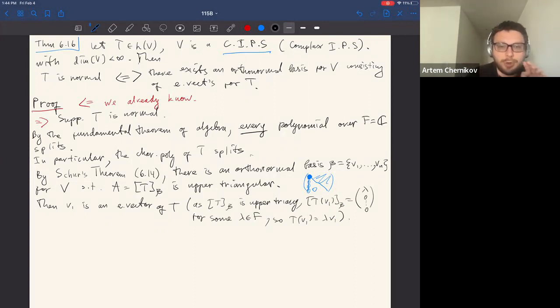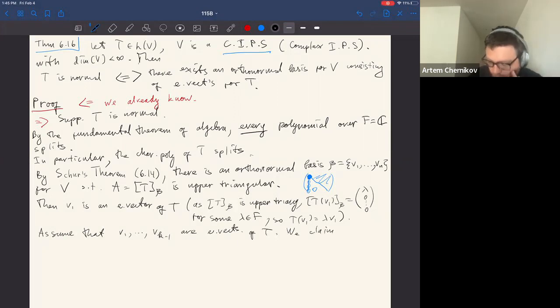Okay, so now we want to argue inductively. So assume that V1 through V(k-1) are eigenvectors of T. We claim that then Vk is also an eigenvector of T. Okay, because then by induction, starting with V1, because we just observed that V1 is an eigenvector.